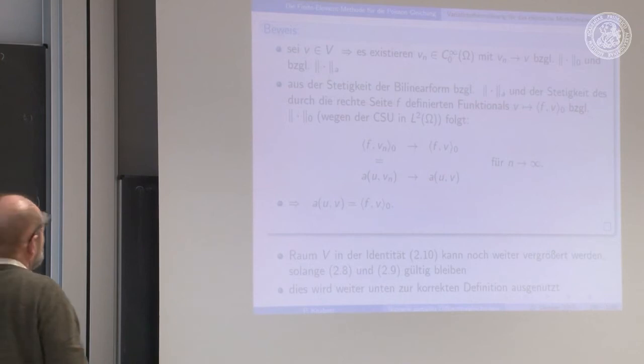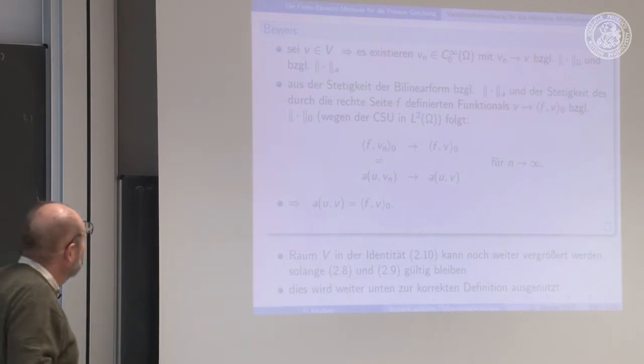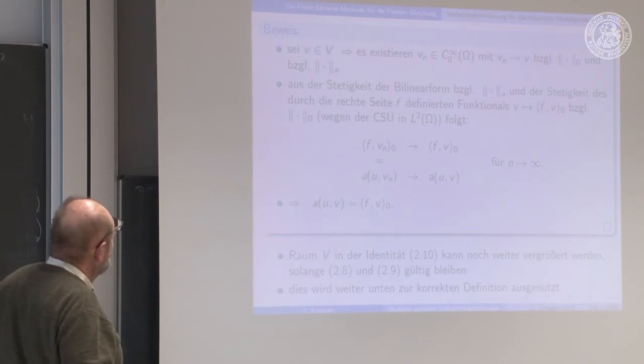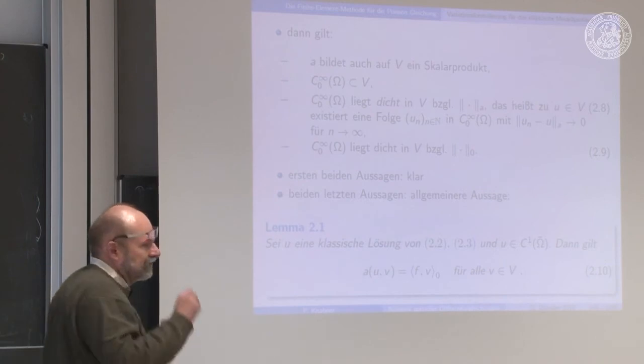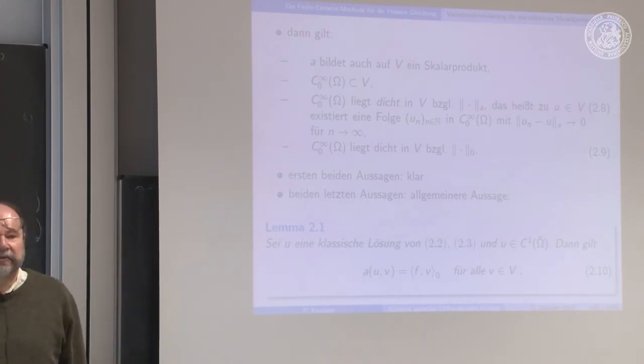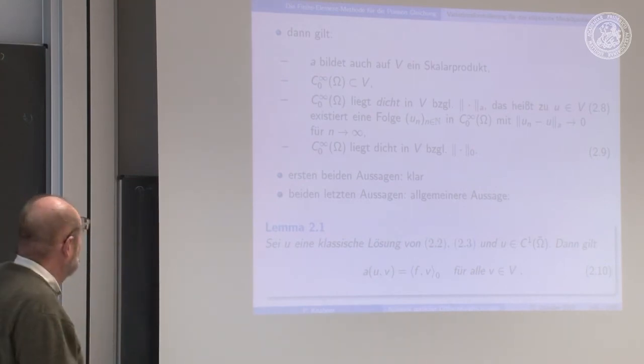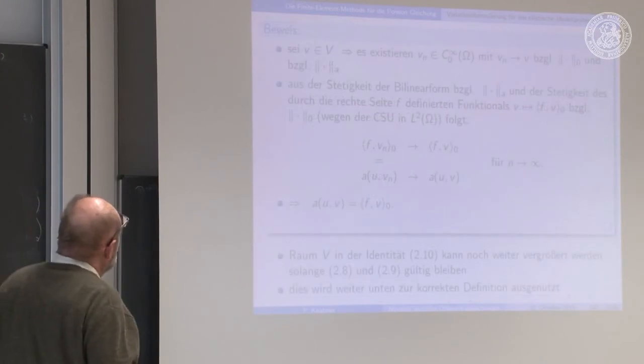This is due to the density of this smaller space. There's one thing missing: we have to assume that F, the right-hand side, is in L2. You will see in a second where we need this. So how do we argue?